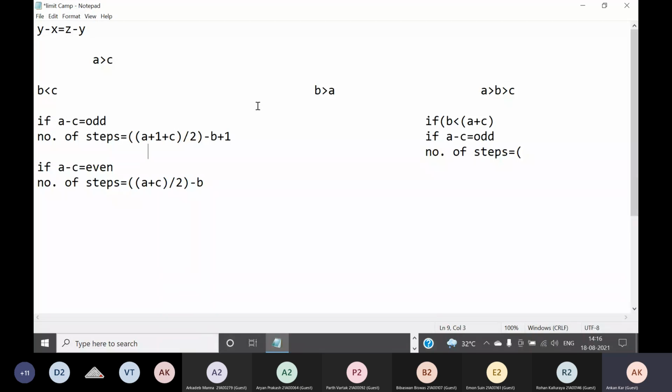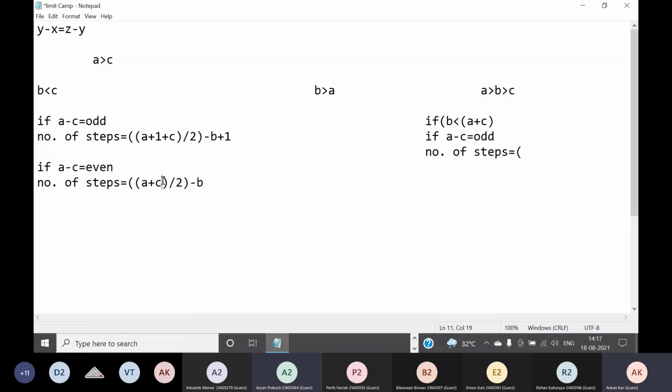ABC will be CBA. So you have to change a to c and c to a, right? Even if you change c and a, it will remain the same.